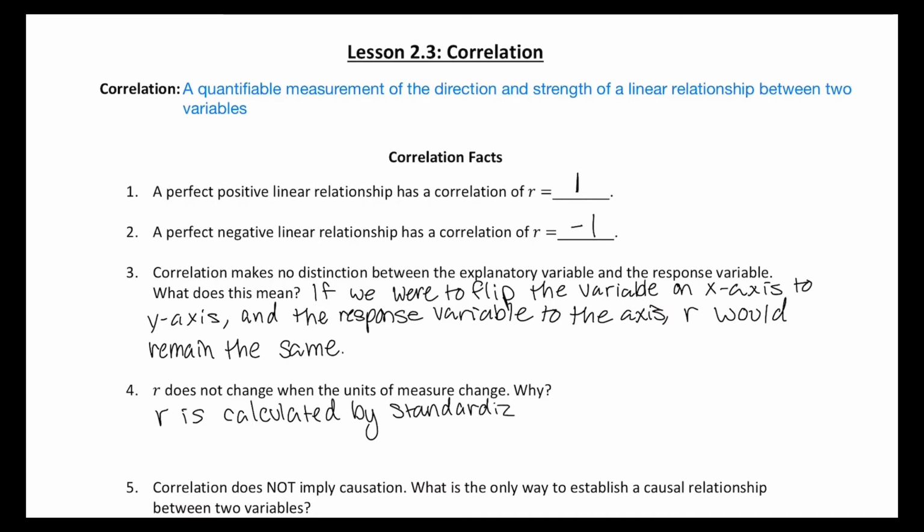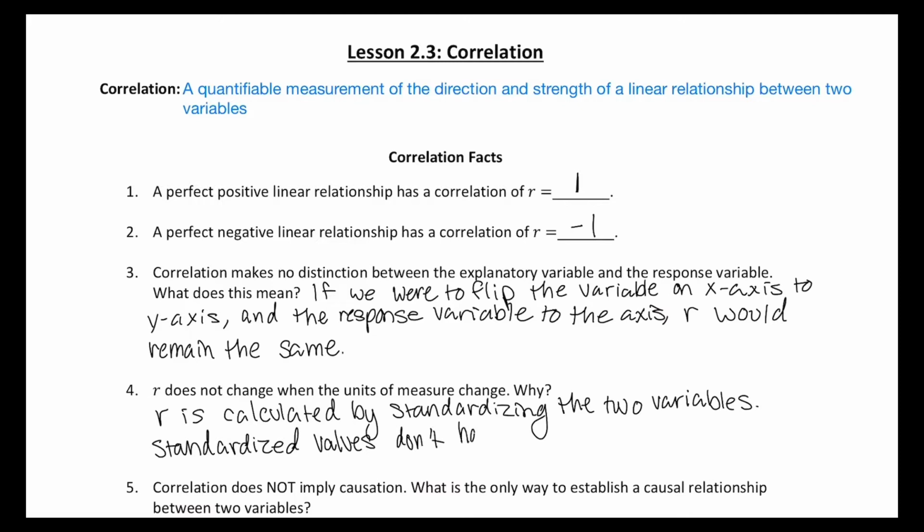It is calculated by standardizing the two variables, x and y. And when we talk about standardized values like z-scores, they don't have units. So we just say the number as is.